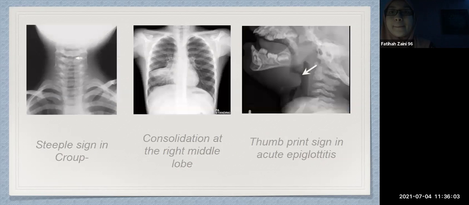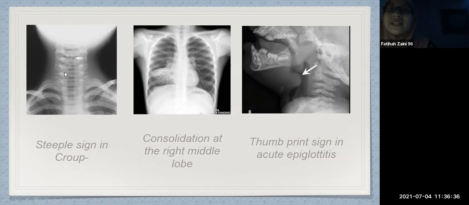Next. So these are certain X-rays related to a specific diagnosis. If we suspect acute breathlessness is due to viral croup, based on the history taking and the physical examination findings, then on the X-ray we will find there is steeple sign in croup, which indicates tapering of the upper trachea.